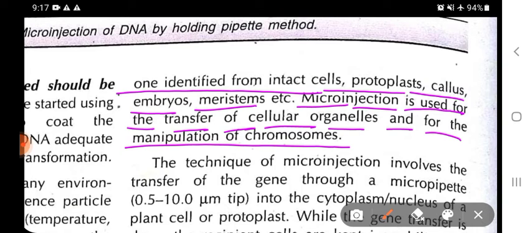So with the help of microinjection, not only your target DNA, but also cellular organelles like mitochondria, ribosomes, lysosomes, and other organelles like peroxisomes can be introduced into your target cells to achieve transformation.